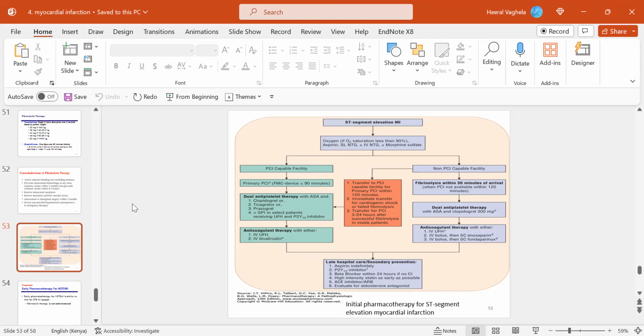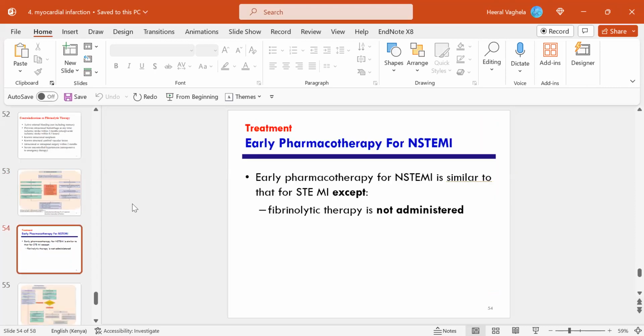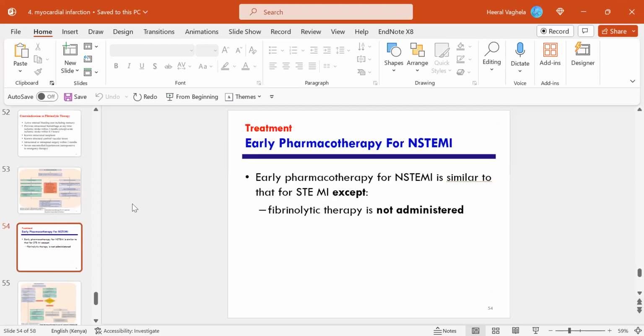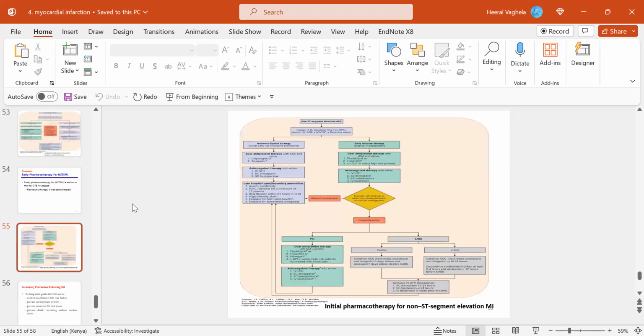Yeah, so that's usually given when PCI is not available, within 30 minutes. And after that, you start your dual antiplatelet therapy, then go to anticoagulant therapy. For NSTEMI, it's almost the same.